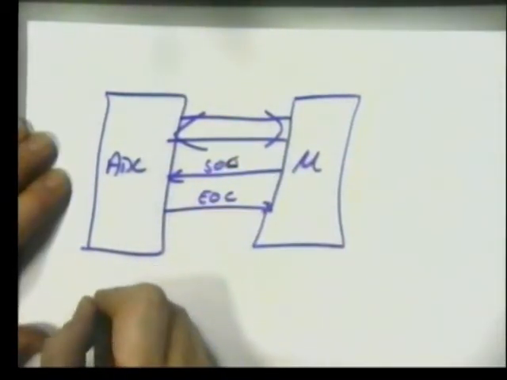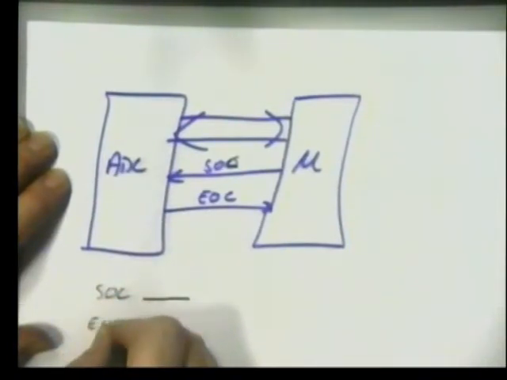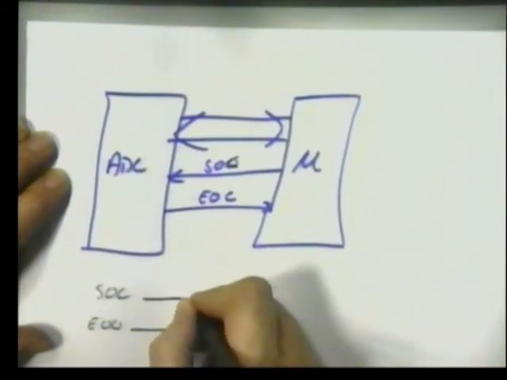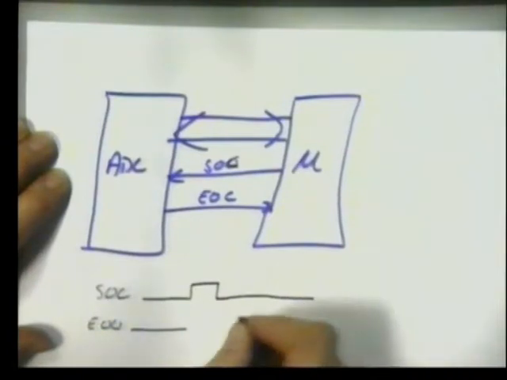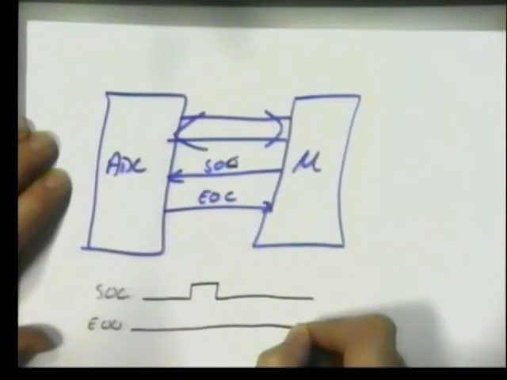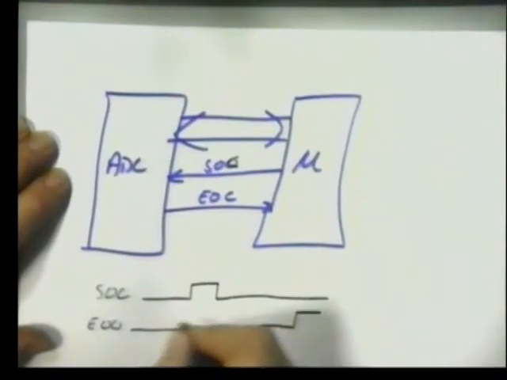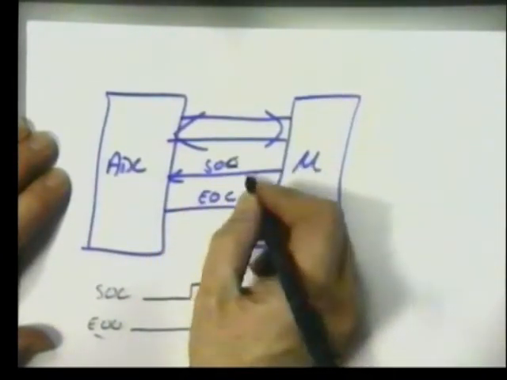If you look at it in terms of timing, start of conversion is normally low, end of conversion would also be low. If we take start of conversion high, that starts the conversion process off, and when it's finished, the end of convert signal goes high to signal that we have completed the conversion. These are effectively the handshake signals.